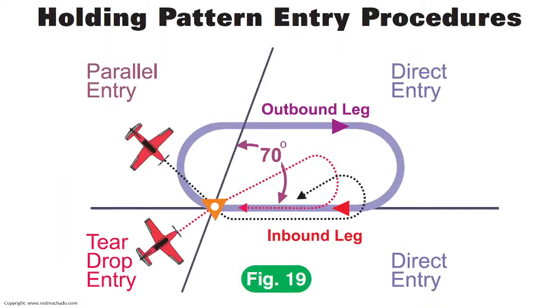Alright. The parallel entry, so this bigger chunk here, I don't know, 110 degrees. This little wedge here. You do what's called a parallel entry. And the word is much more complicated than the process.